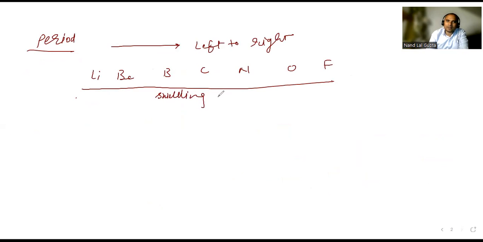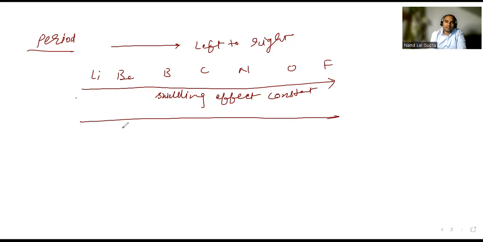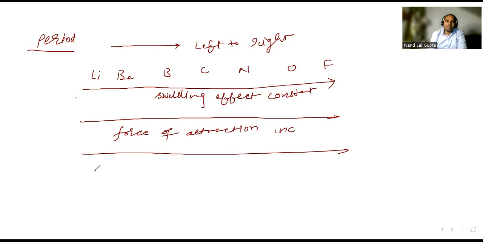But we are talking about metallic character. The shielding effect is constant. What about metallic character? It is going to increase, because the force of attraction increases. Okay, if the force of attraction increases, what will happen to the tendency to lose electron?